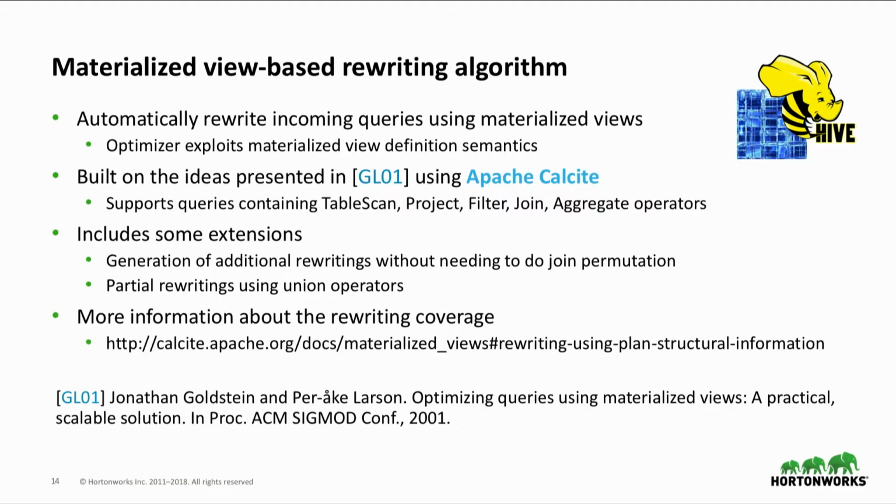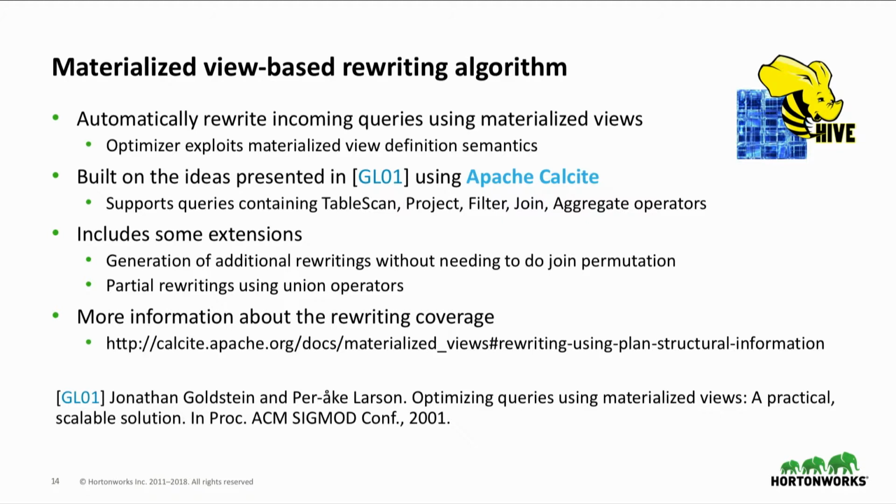This is very important for scalability when you have many joins in your queries. Basically, in that paper, I think what they were doing is triggering rules to do all possible join permutations. This will not scale. So we did some work where we extract some structural information from the plan, and we use it to trigger the rewritings without having to do these permutations.